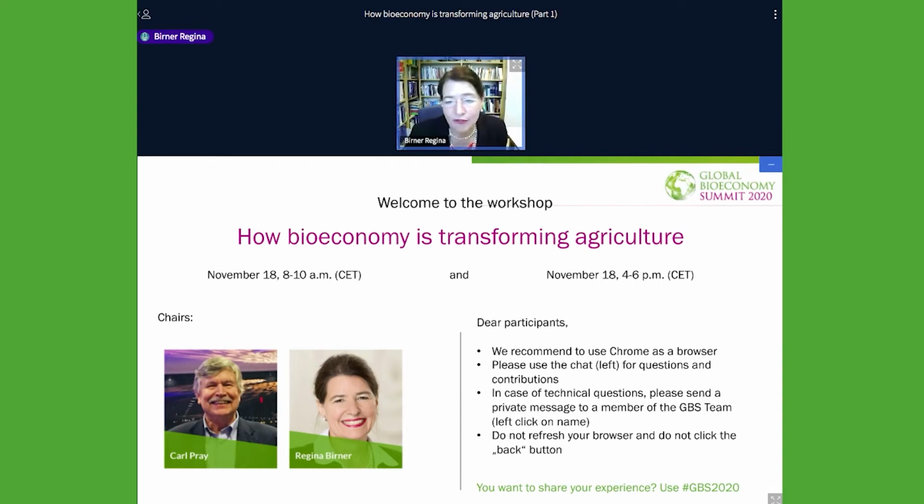The expected outputs of our workshops are, first, the identification of the most promising biological and digital innovations that have the potential to transform agriculture and lead to more sustainable production of bio-based resources. And second, to identify the policies that promote these innovations, taking society's response to such innovations into account.